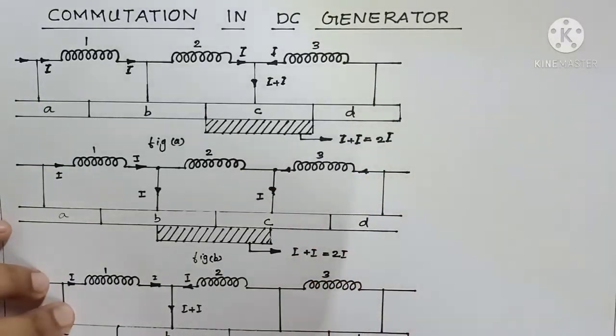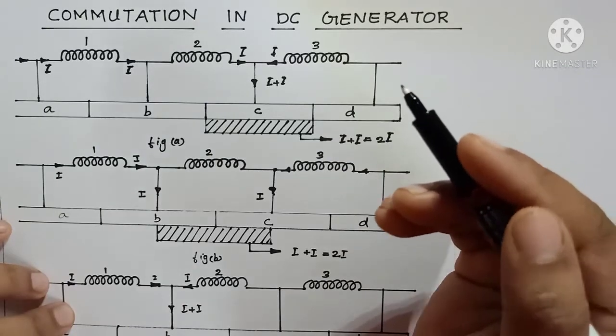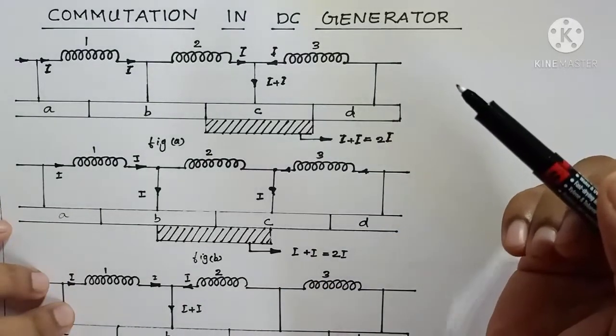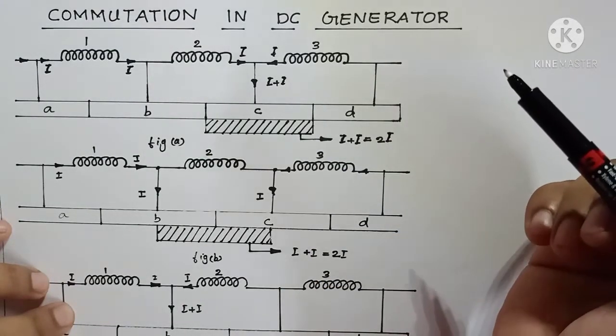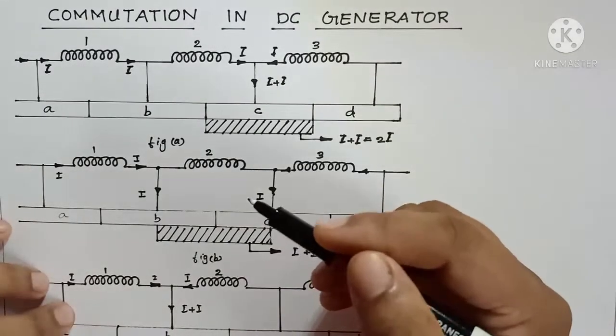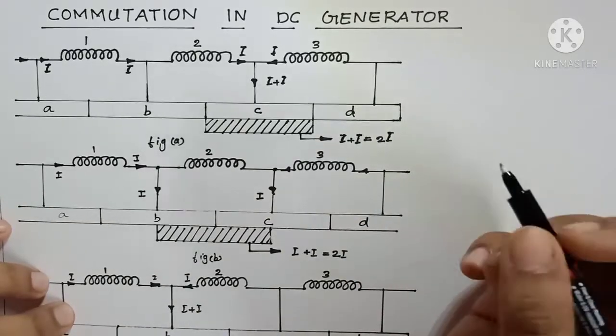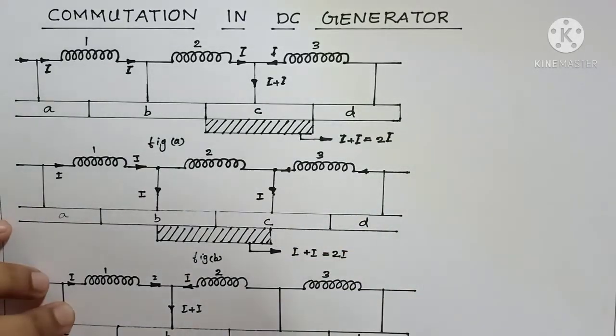That process is known as the commutation process, meaning the reversal of current from plus I to 0 and then 0 to minus I. So the reversal of current from minus I to plus I is known as the commutation process.